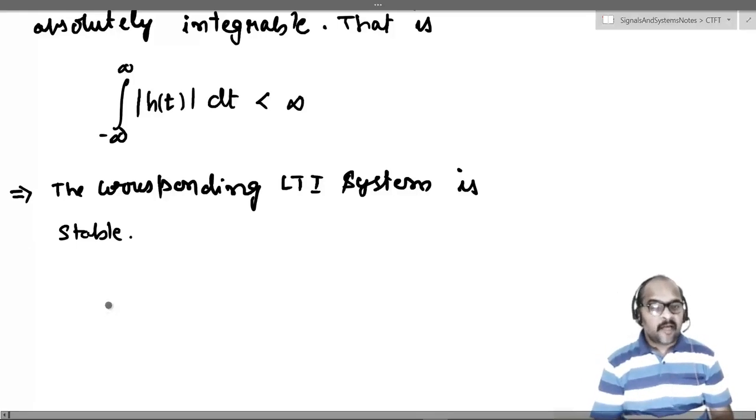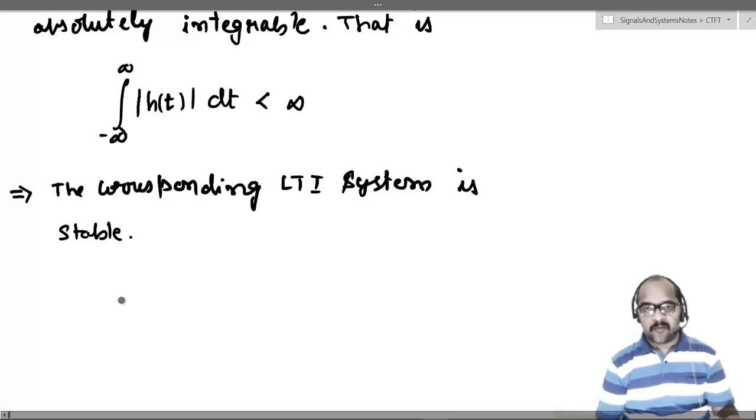So we got a linear constant coefficient differential equation, and from that differential equation we have found the frequency response of the system. The impulse response and frequency response of the system form a Fourier transform pair.